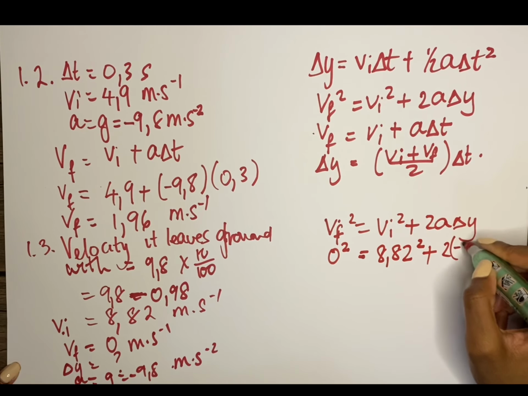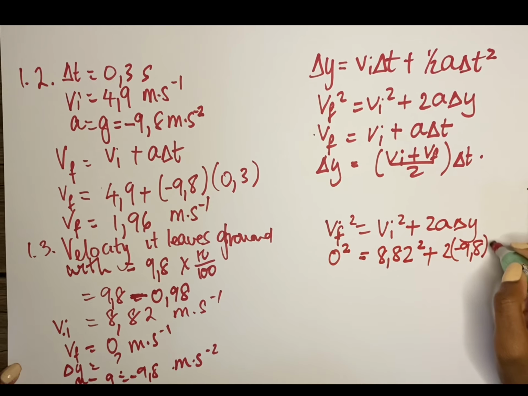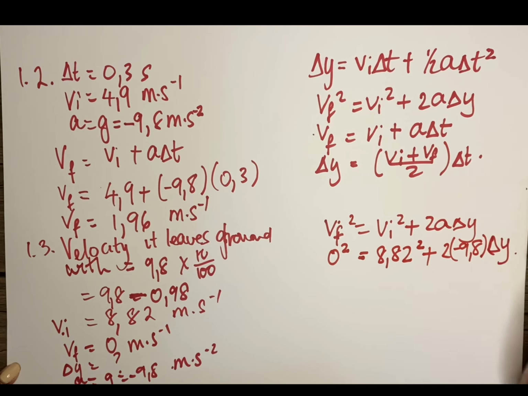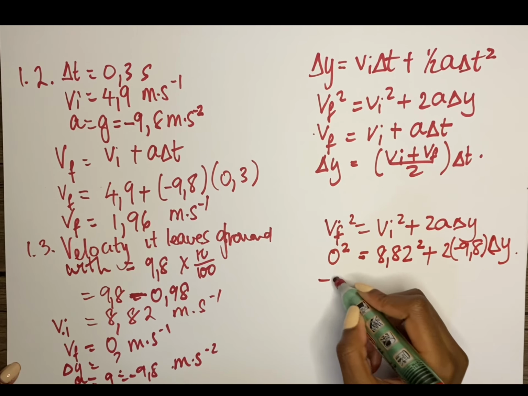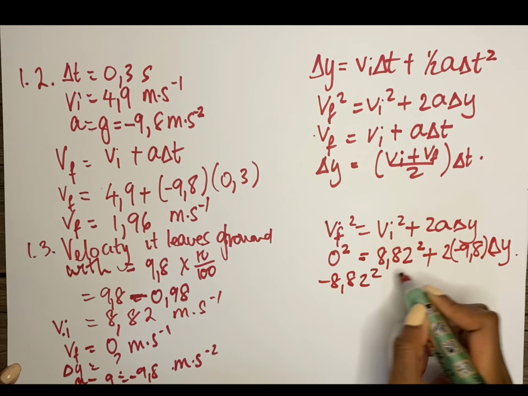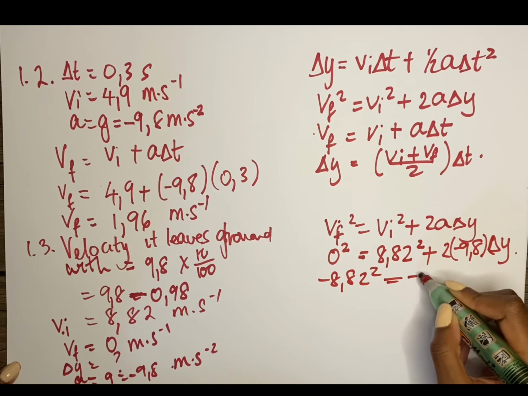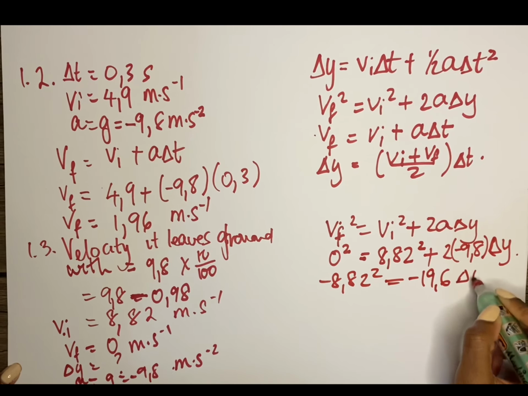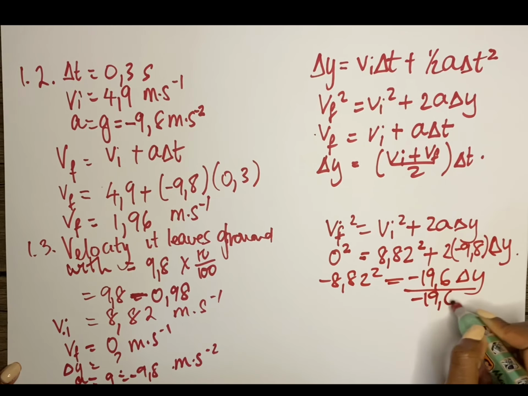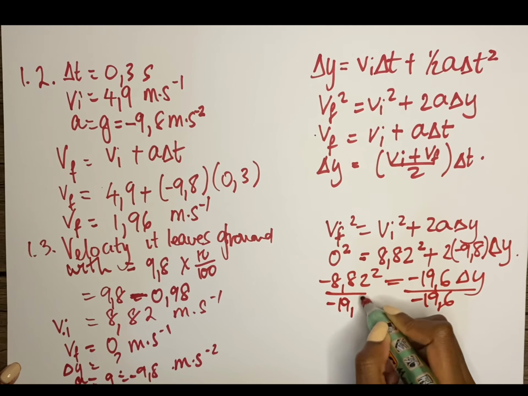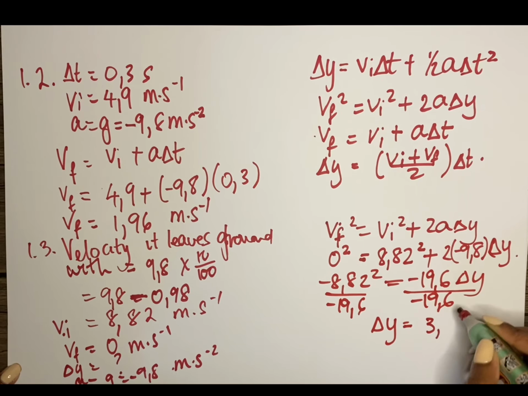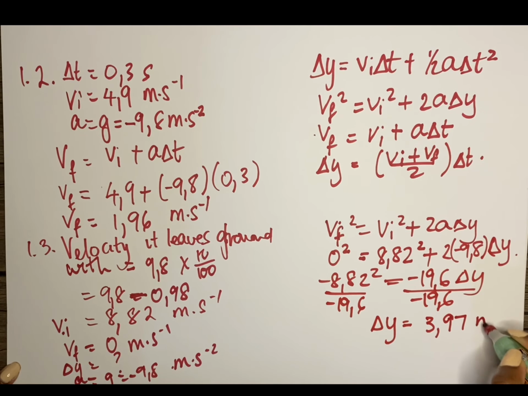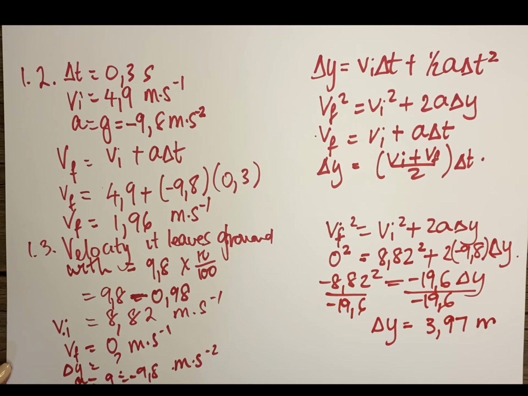And then negative 9.8 and delta Y. You transpose, and after doing the quick math, you'll get delta Y is going to be equal to 3.97 meters, right?